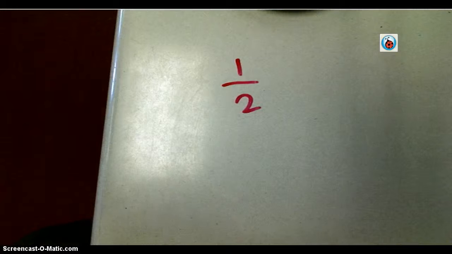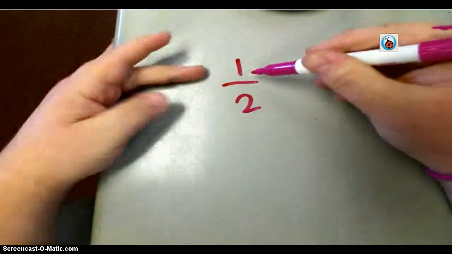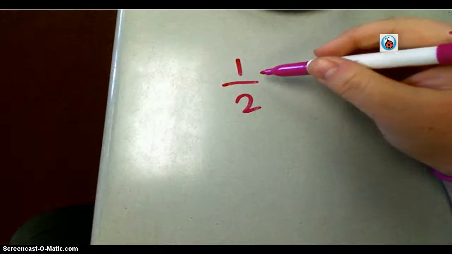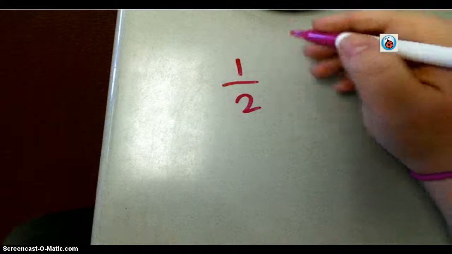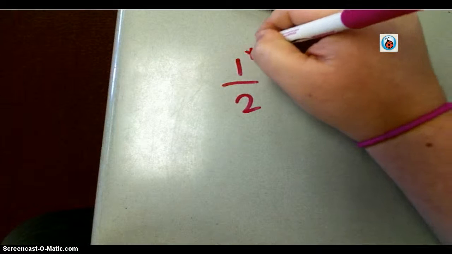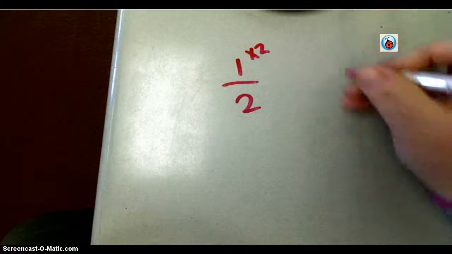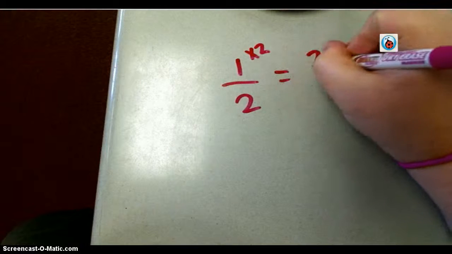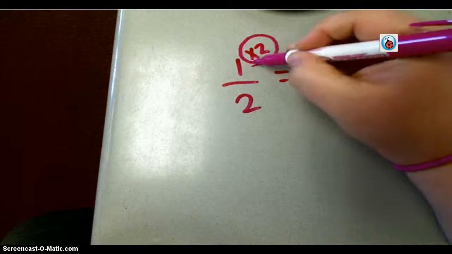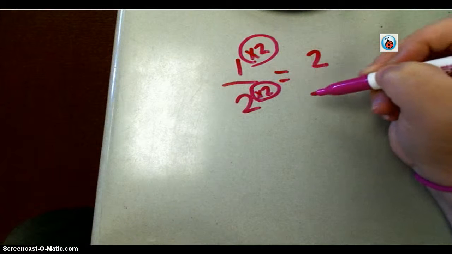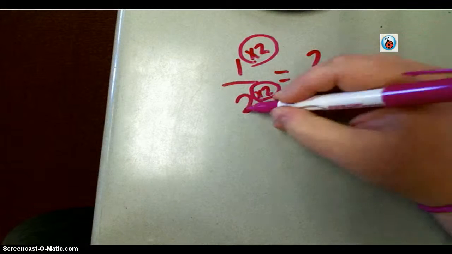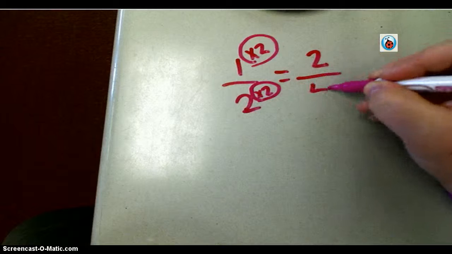When we create equivalent fractions, we're going to look at our numerator and multiply it by any number that we want. I would suggest starting really small, okay? So I might say I'm going to multiply 1 times 2. 1 times 2 is? 2. Whatever I multiply the top by, I have to multiply the bottom. Because we're going to share. Everybody's going to get the same thing, right? 2 times 2 is? 4.